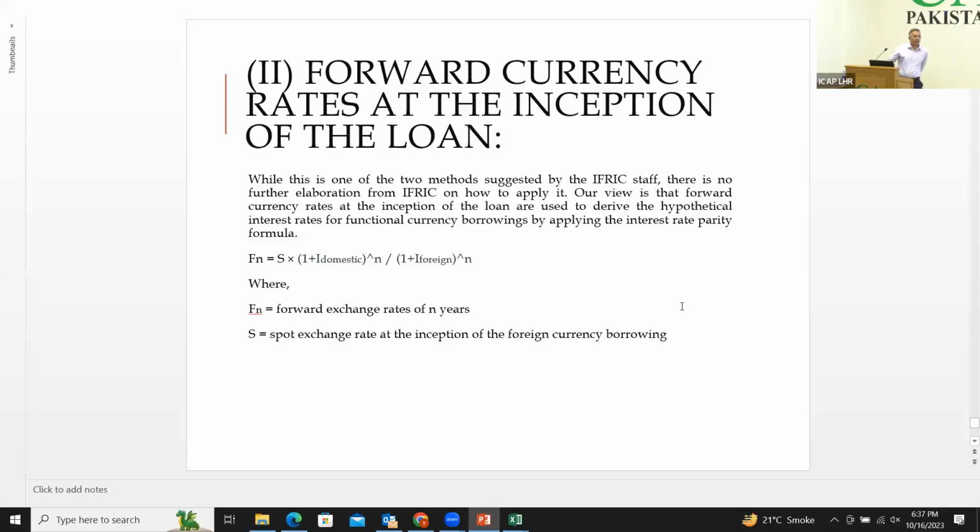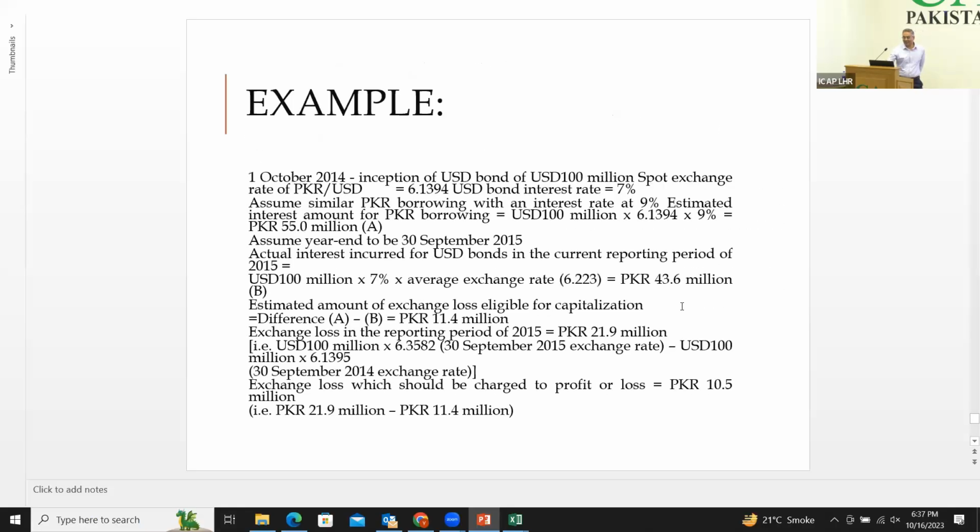It's a very complicated one, so you can follow this. So these are the two methods, not given by the standard, but given by some big four firms as an interpretation to be used for capitalization of exchange losses. So it's all about IAS 23.